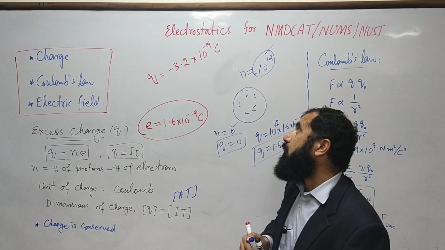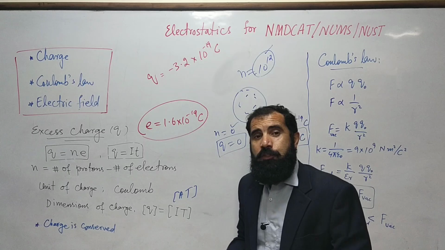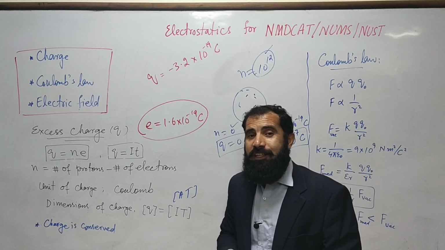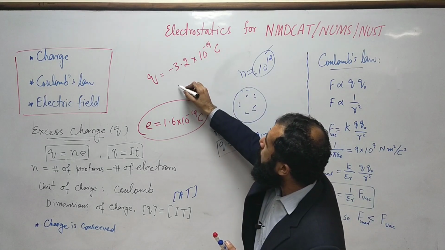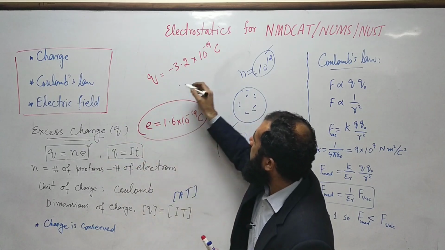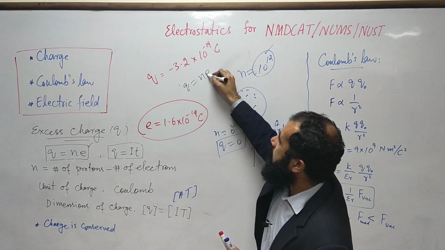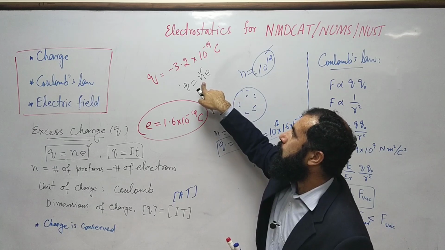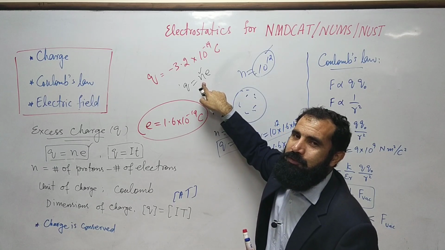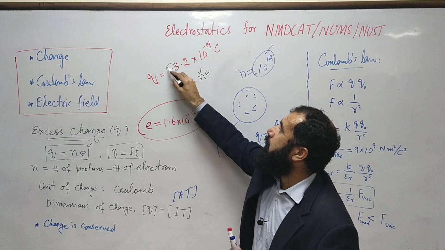So if Q is given and you are asked to calculate the number of electrons, what do you do? You use this formula, Q equals Ne. This N will now give you the number of electrons. That is because here we have a negative sign.